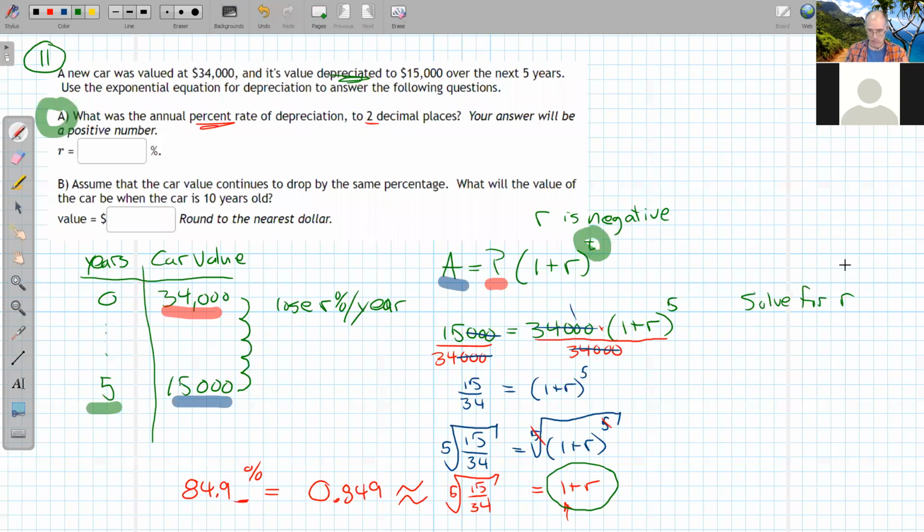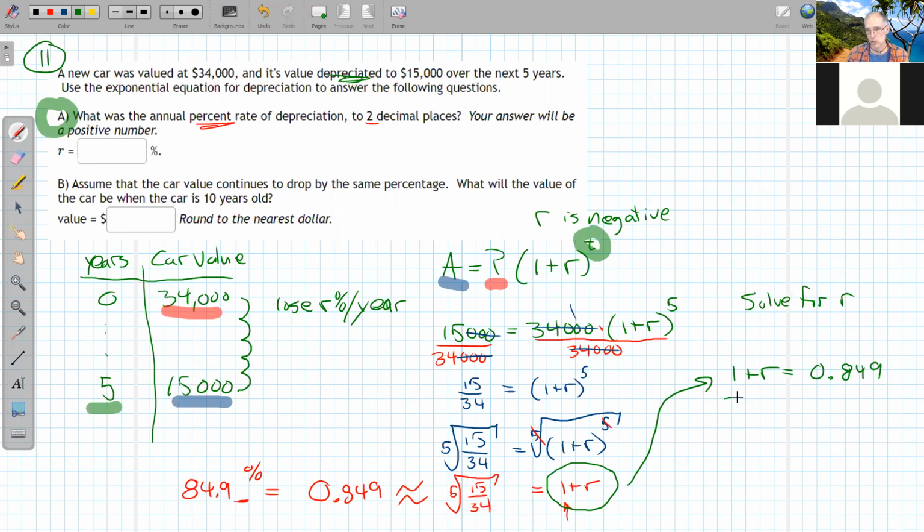All right, so let me catch up to myself here. I made this calculation, and that gives me 1 plus R equals about 0.849.